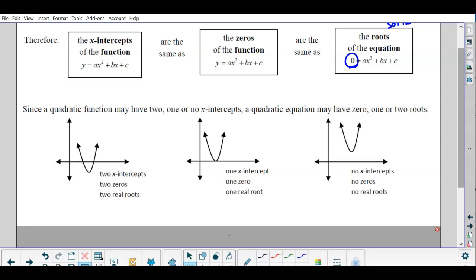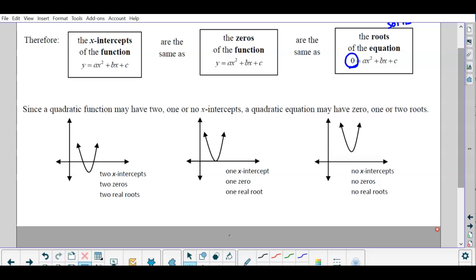Okay, so since a quadratic function may have 2, 1, or no x-intercepts, a quadratic equation may have 0, 1, or 2 roots. So take a look here. These are the functions that are graphed. You can't graph an equation, right? Because there's only one variable.